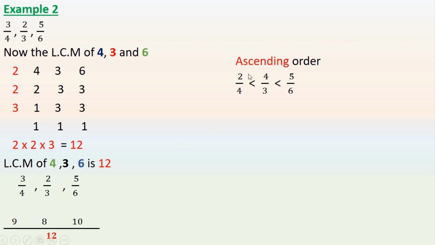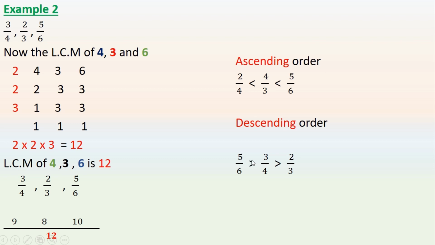So in arranging in ascending order, I will arrange from the least number to the greatest number. The descending order means that I will arrange from the greatest number to the least number. So here, the greatest number is 5 over 6, followed by 3 over 4, followed by 2 over 3. So this arrangement is called descending order with the help of the less than and greater than symbols.